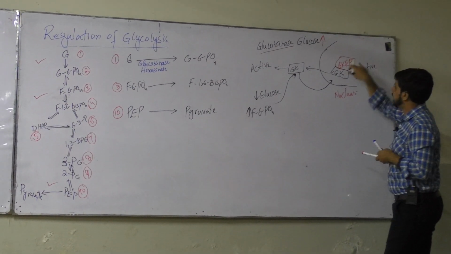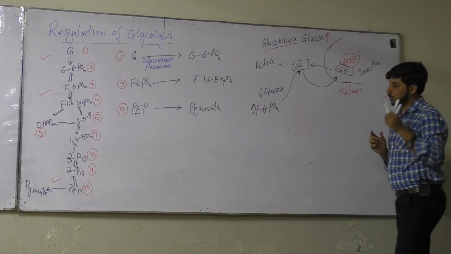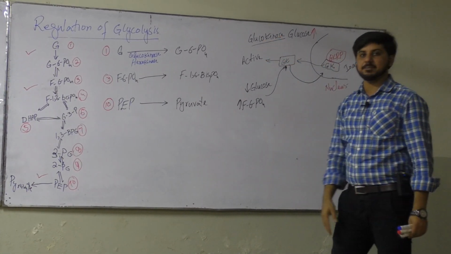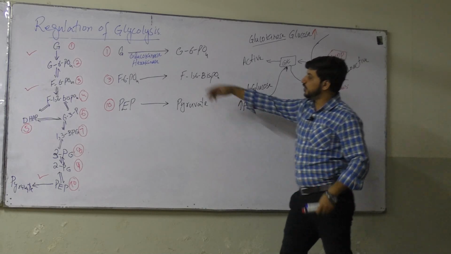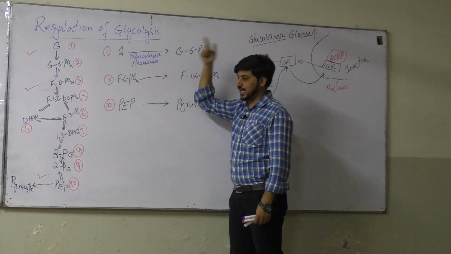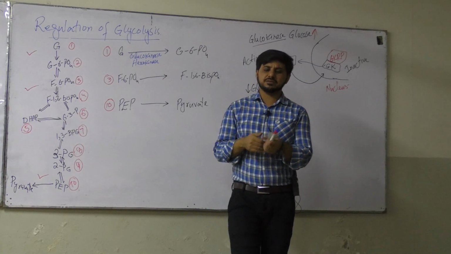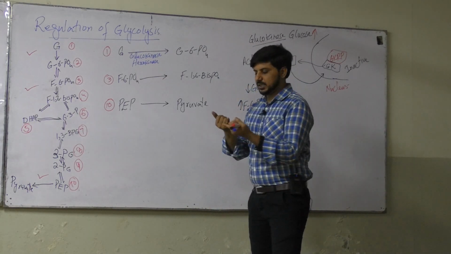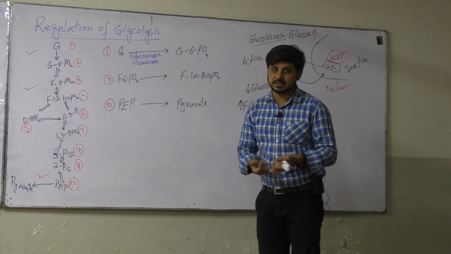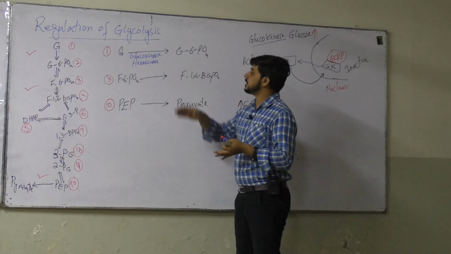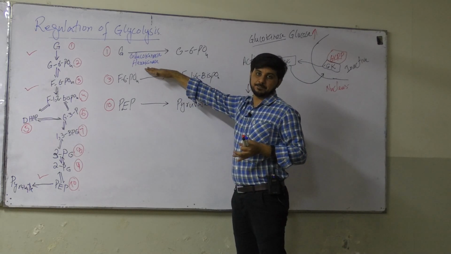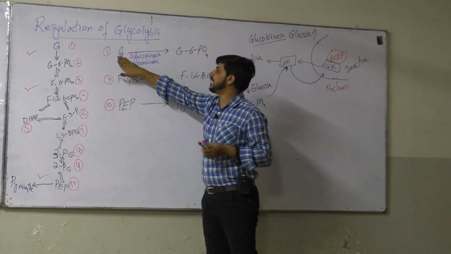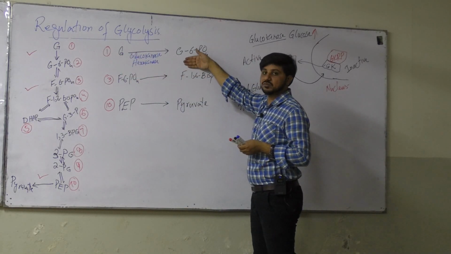and again it will become inactive in the nucleus. So once again I am going to repeat what I have explained about the first regulatory step: in the first regulatory step we have two enzymes, glucokinase as well as hexokinase. Hexokinase will work in all conditions, because if there is a decreased level, at that time we need energy, and it will always be working; we can say it is always phosphorylating the glucose into glucose 6-phosphate.